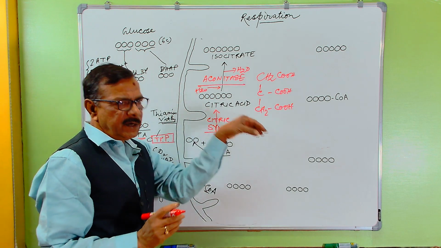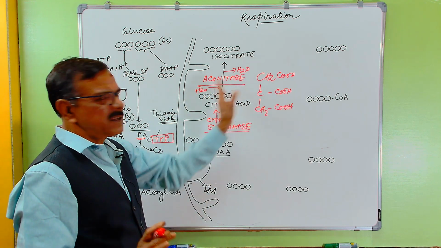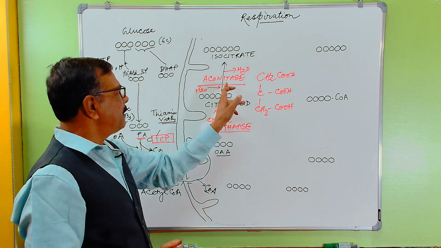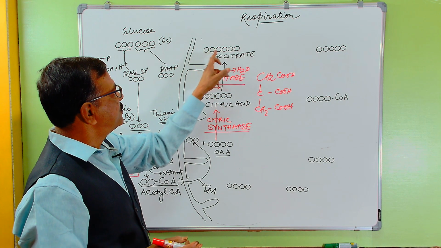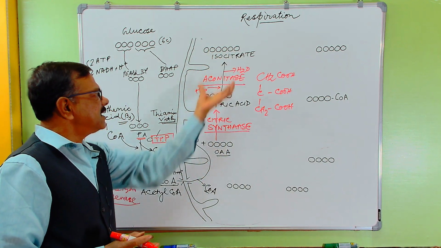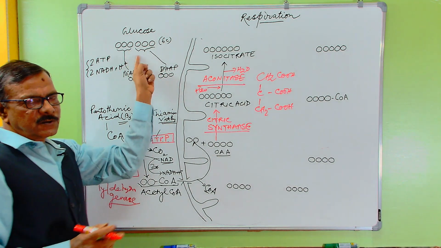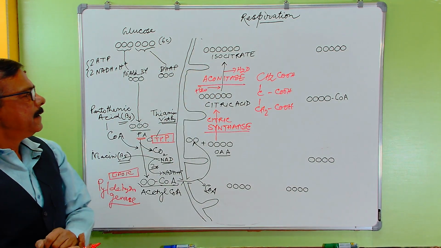That is not much important. With the help of aconitase, isocitrate is produced. This is all 1, 2, 3, 4, 5, 6. So this is 6, this is 6. This is also 6, but it is not glucose, it is citric acid.